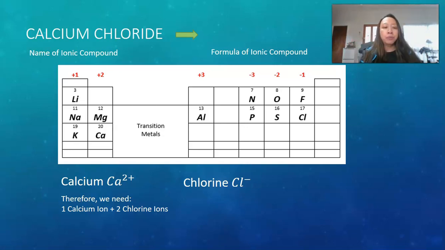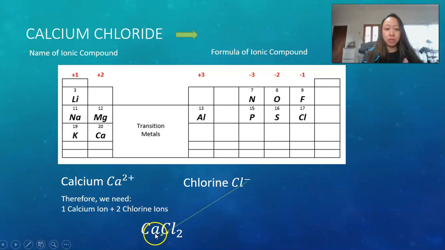So 1 calcium ion and 2 chlorine ions are needed. We write the formula as CaCl2, because chlorine has a -1 charge, we use 1 as the number over here, and calcium has 2.